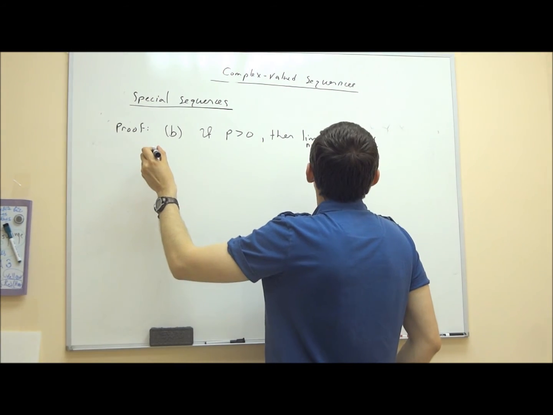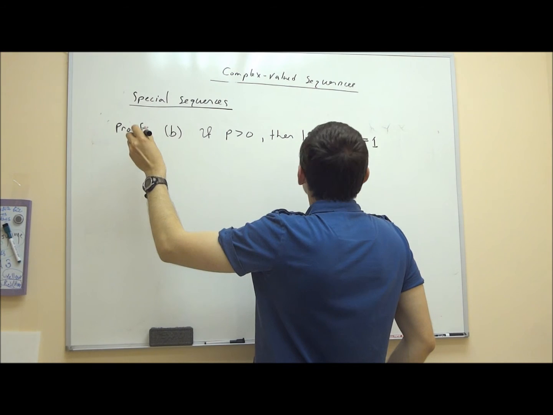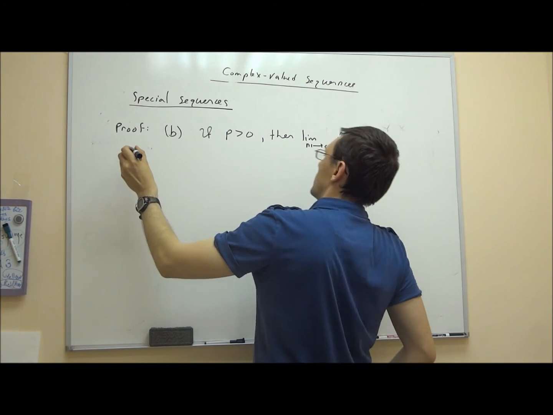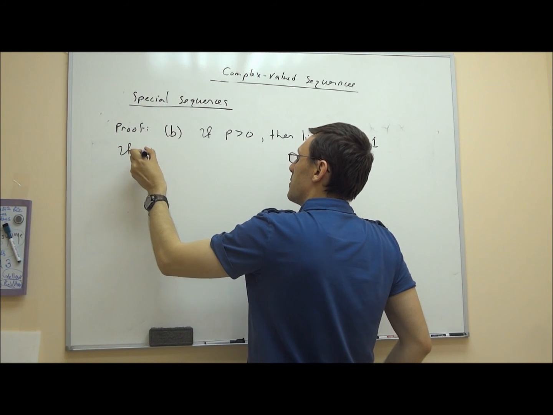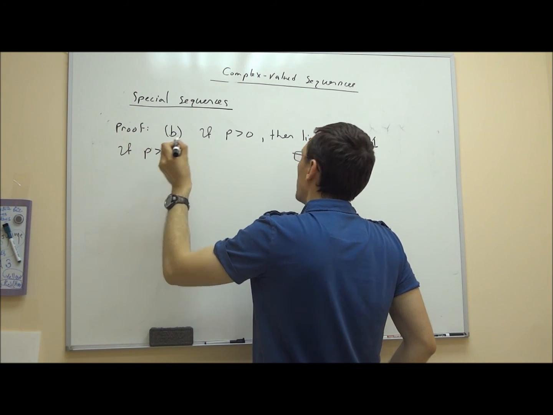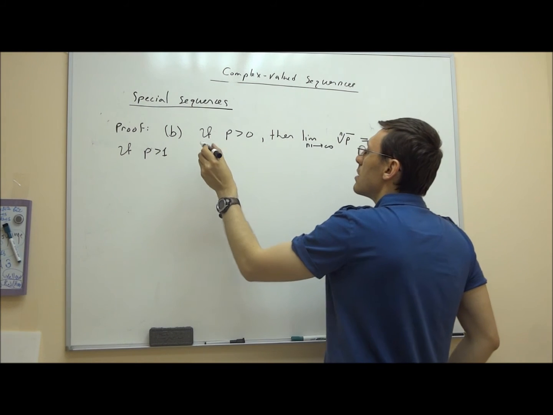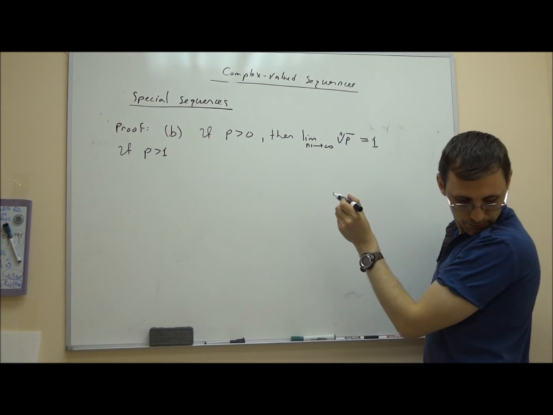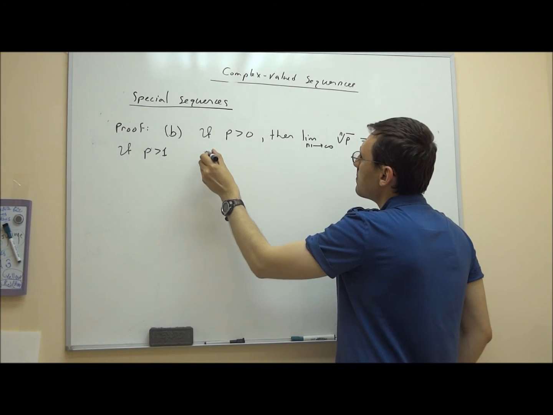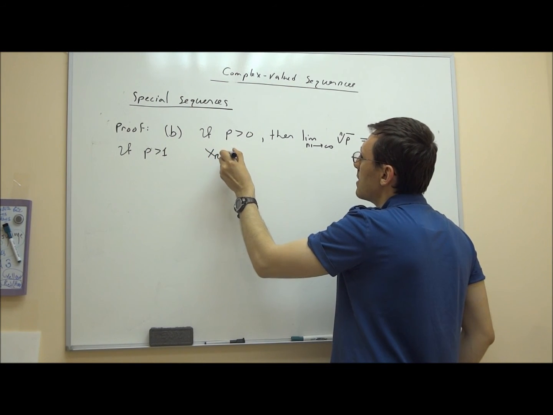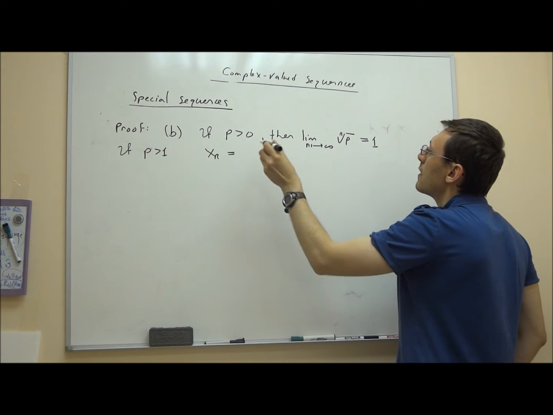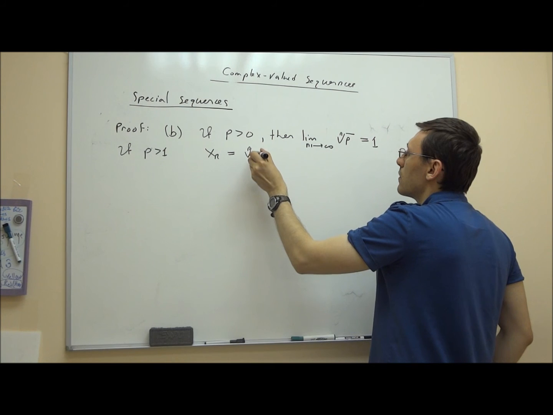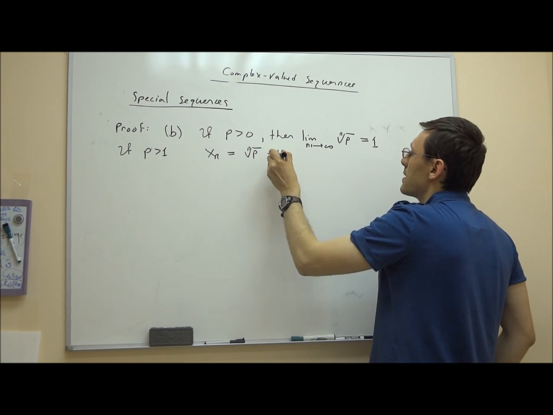So what we can do, if p is bigger than 1, is assign the sequence xn to be the nth root of p minus 1.